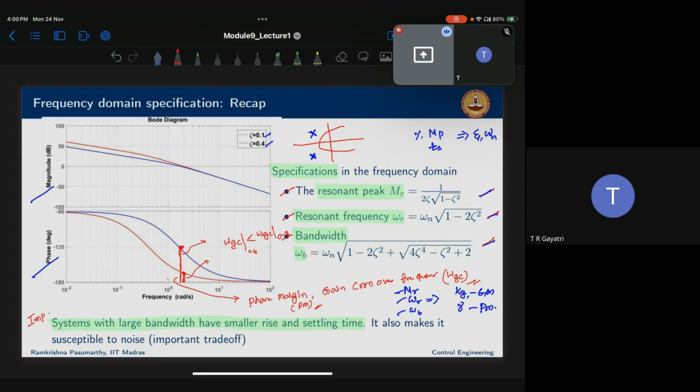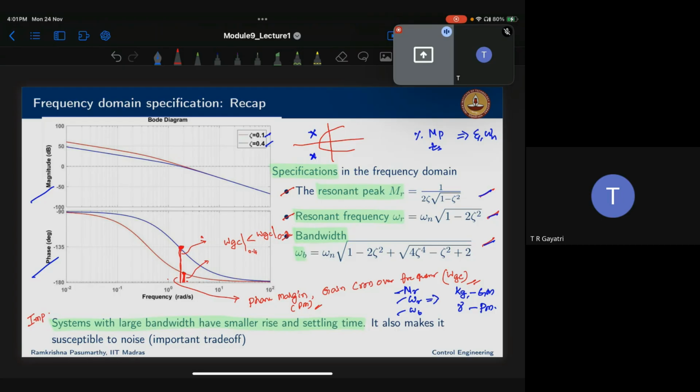The first one is 0.4, let's say, and this one is 0.1. Now you see the phase margin with 0.1 is greater than the phase margin with 0.4. You can see the difference when you tune the design, so you will exactly see whether you are meeting the design criteria or not. So the simple thing is, in the time domain, given specifications, we convert them into the dominant poles and see whether the root locus is passing through them or not.